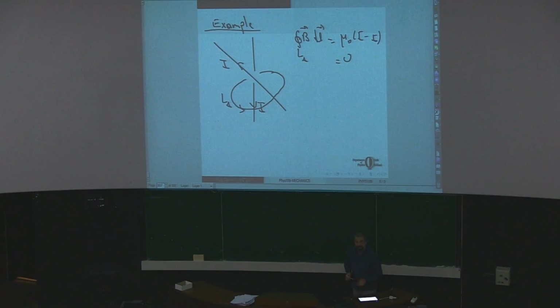Now, why I minus I? Okay, these are our currents. One current is going down. This is the positive direction of the current. Let's say the other one is going upward. And this is our ring.